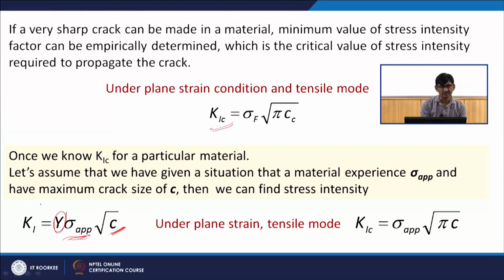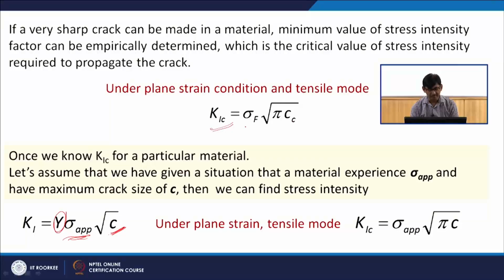So, I guess you understood how we are going to use this stress intensity factor to find out whether I will be able to use a certain material with a certain crack length under a certain applied stress, by comparing the critical stress intensity factor with the stress intensity factor we have calculated for a particular condition.